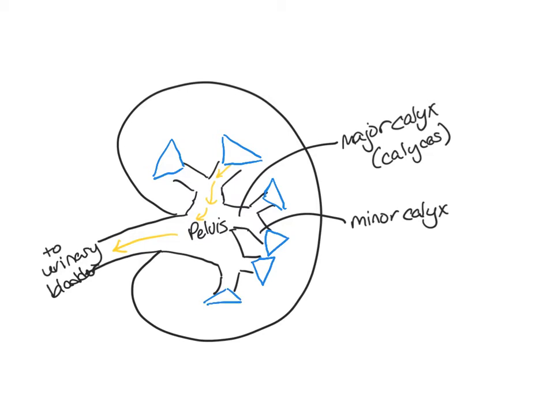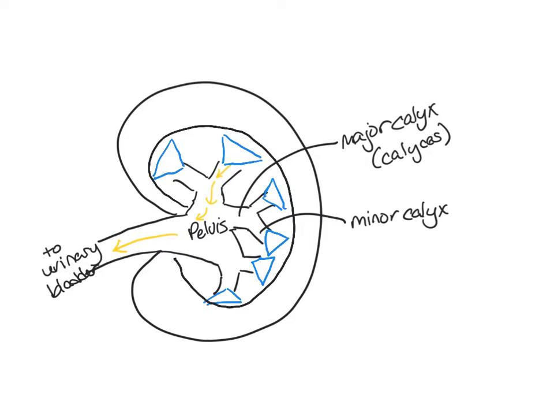Like that. So all of these pyramids. And so the pyramids are part of what we call the renal medulla. So this whole area here, that's the renal medulla, where all of those renal pyramids are found.